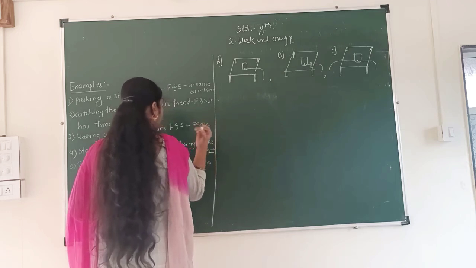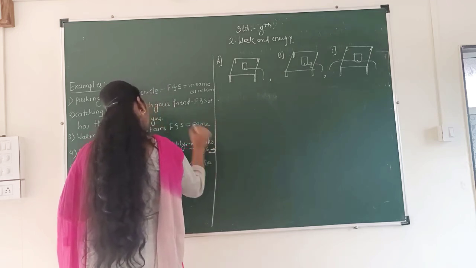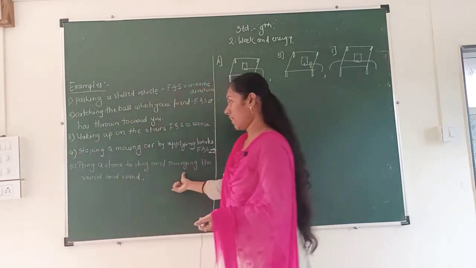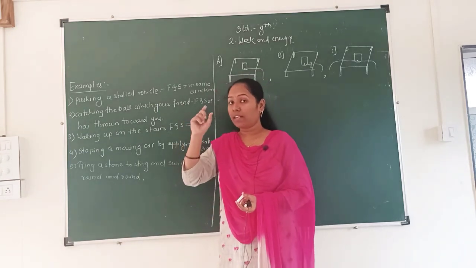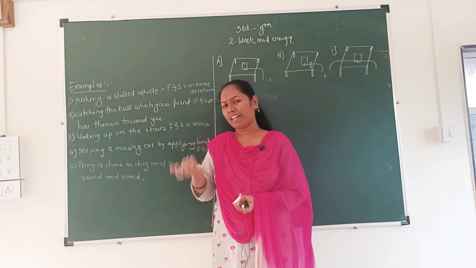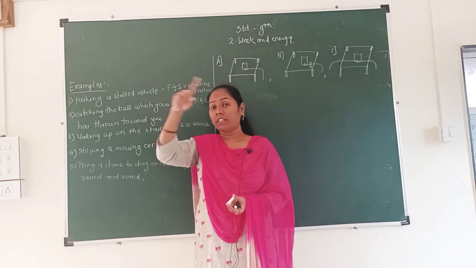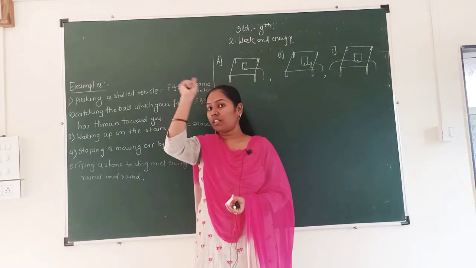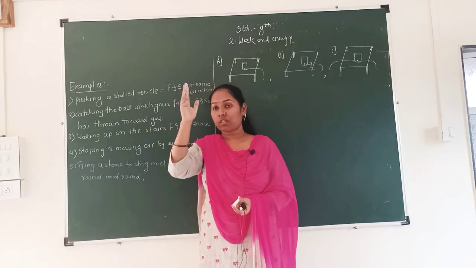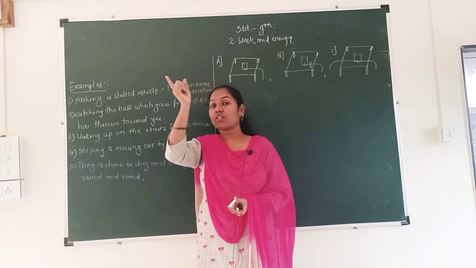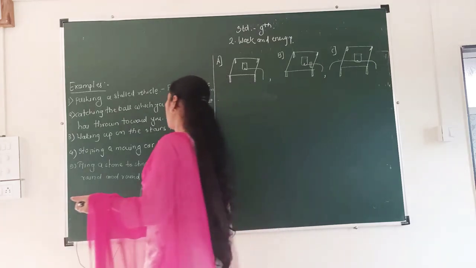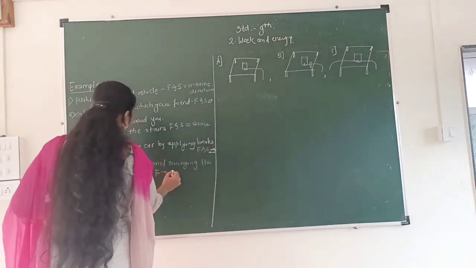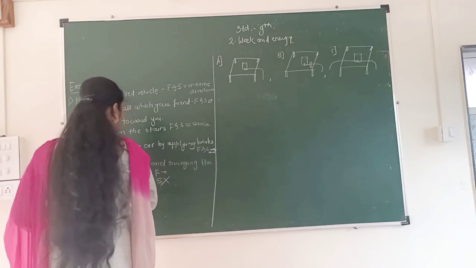I will show it with arrows, opposite arrows. Now, in this case, what happened? You are applying a force by tying a stone to a thread and swinging the stone round and round. You applied the force, but the displacement of that stone does not happen. In this case force is applied but displacement does not occur.